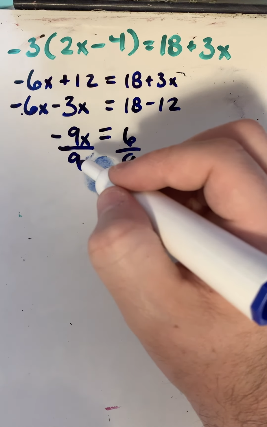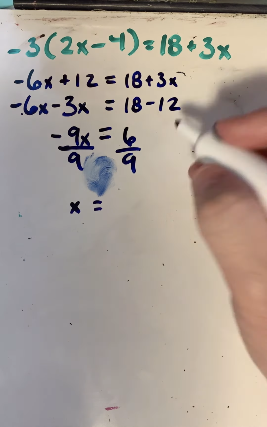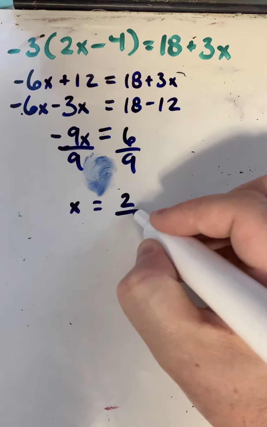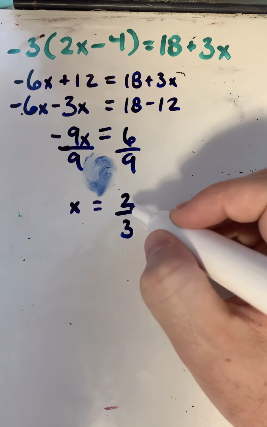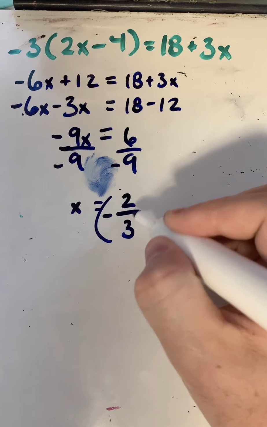9x divided by 9 is x. And I could reduce this, so one of my answers could be 2 over 3. Oh, sorry, I have to divide this by negative 9. So it's going to be negative 2 over 3.